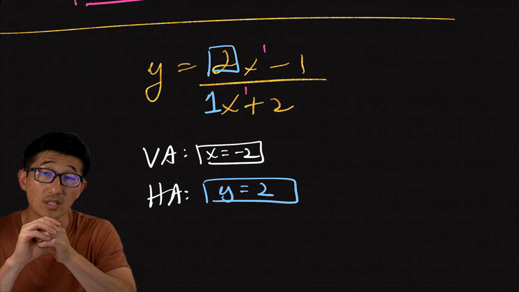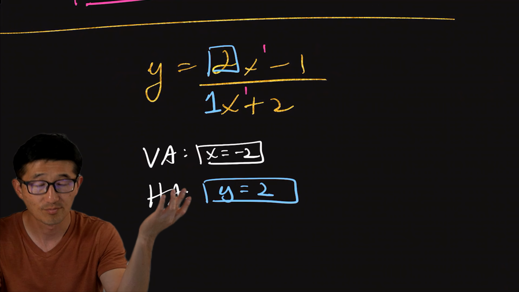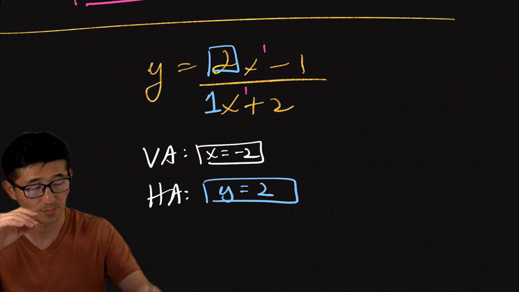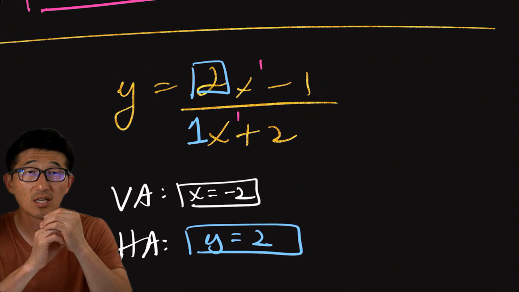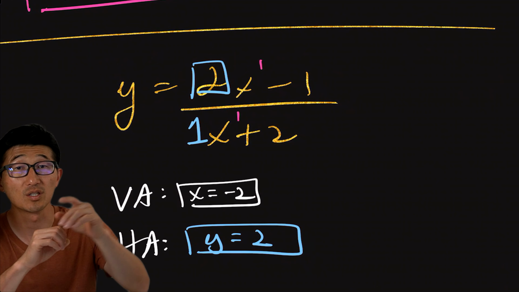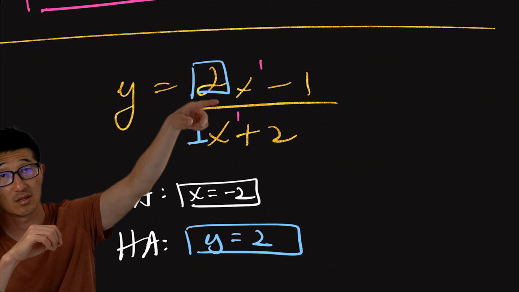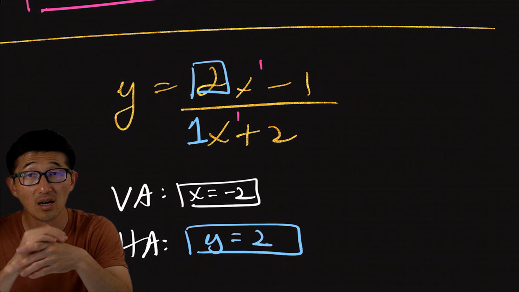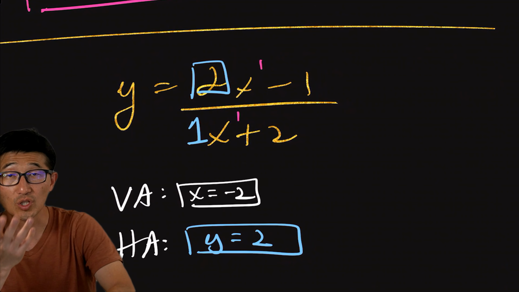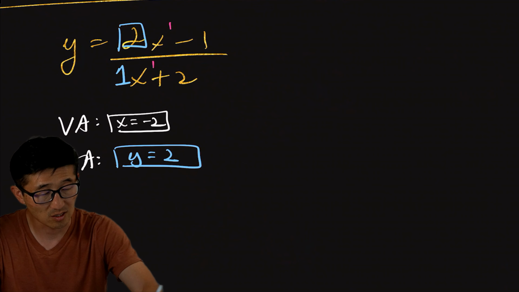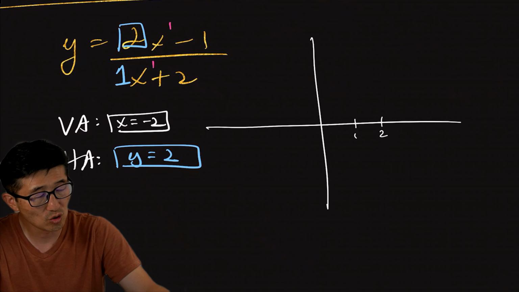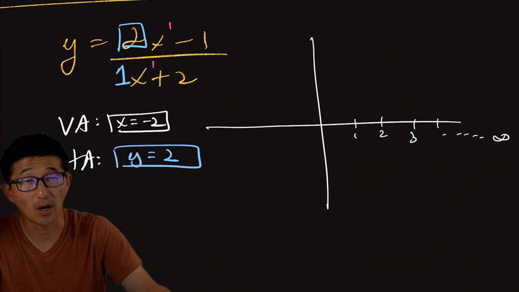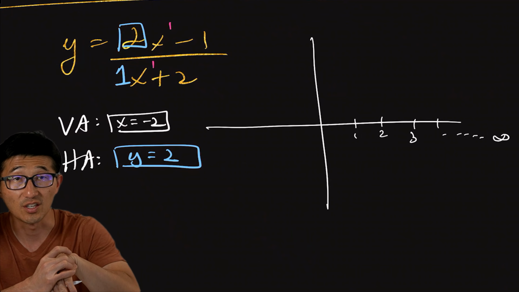Yeah. So here it is. Horizontal asymptote. Well, you want to look at it like this. What would happen if you were to plug in infinite numbers into the x? And what number would they approach? So it's like this. Okay, here's a graph, and you have one, two, three, dot, dot, dot, and you have positive infinity.